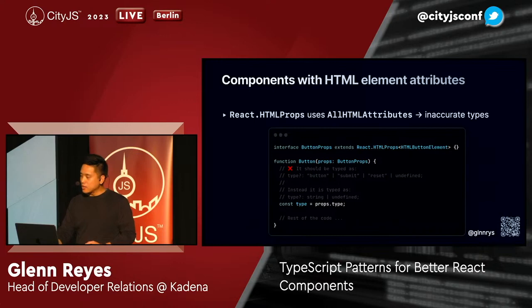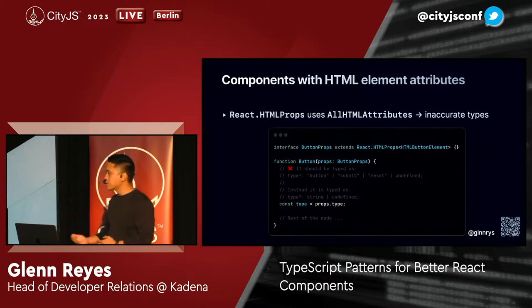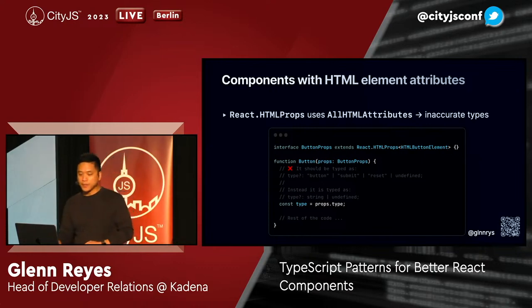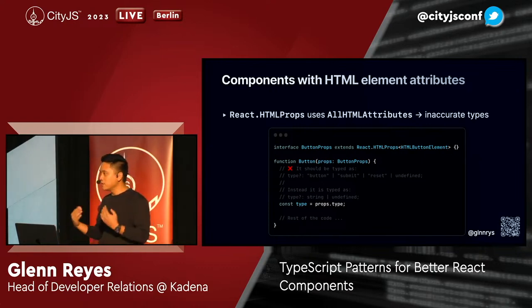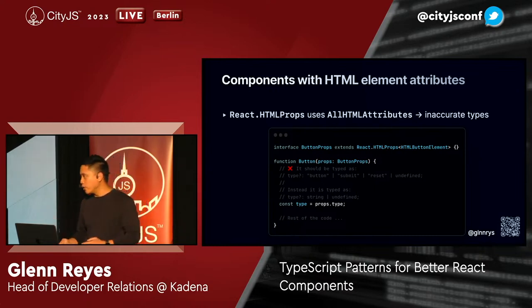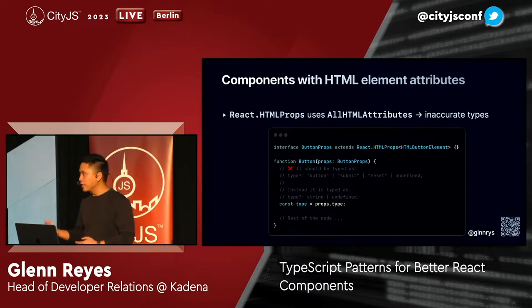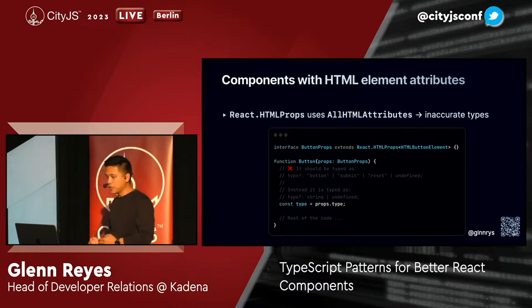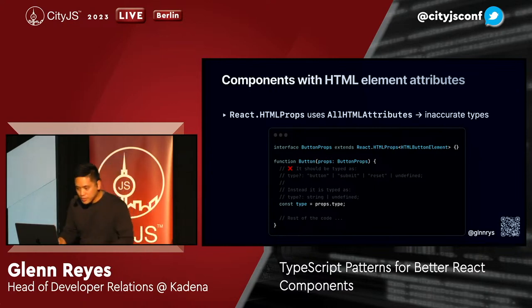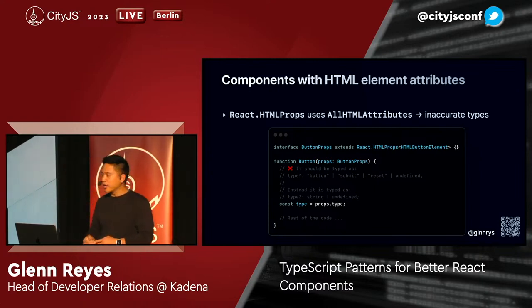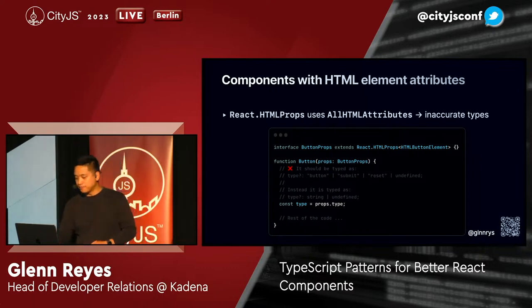So it's a different purpose. And then on the opposite side, there is HTML props, which basically aliases to all HTML attributes. This includes all of the types that you may need, but probably not in a very accurate way. So for example, if you have your type prop on a button, then instead of getting a string literal union of submit, button, or reset, or undefined, you get just string, which is not accurate enough.